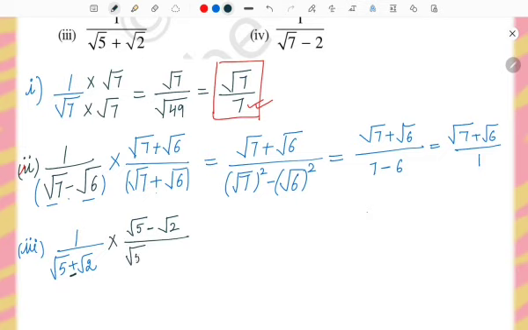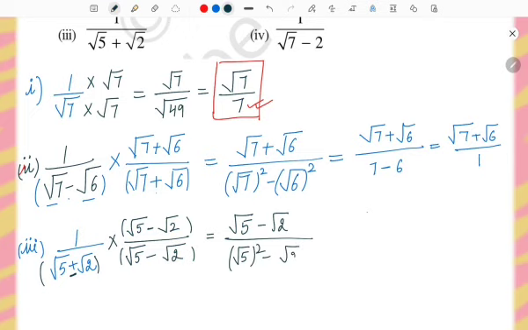So we are multiplying both numerator and denominator by root 5 minus root 2. So this becomes root 5 minus root 2. In the denominator again it will be the same property, which is root 5 whole square minus root 2 whole square. Again, following a plus b multiplied by a minus b is equal to a square minus b square.